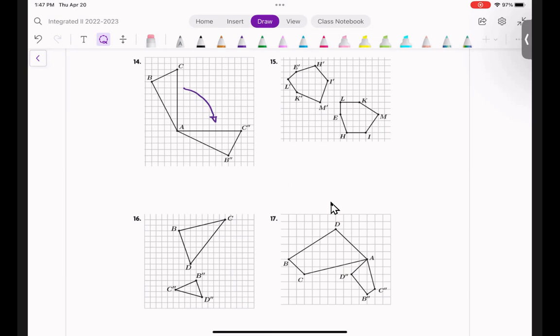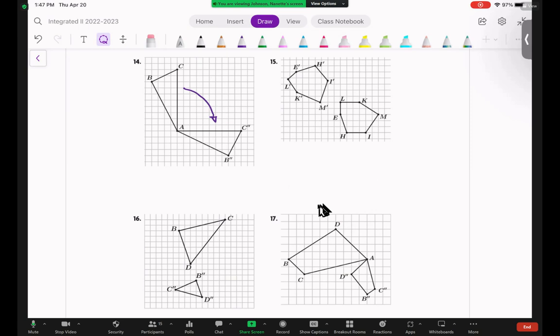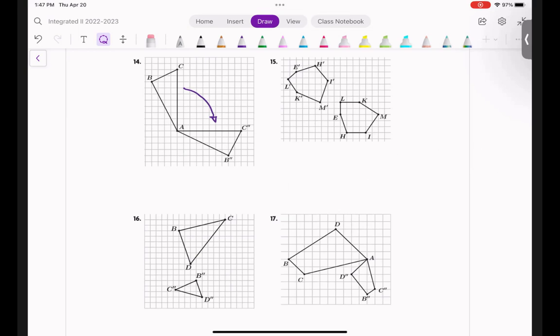Words that I'm looking for: rotate, reflect, center of dilation, dilate. Those are the words I'm looking for. Okay, so I'm going to open up the rooms again, and you guys are going to come back as soon as you're done. I'm thinking about 6 minutes, because then class is over.